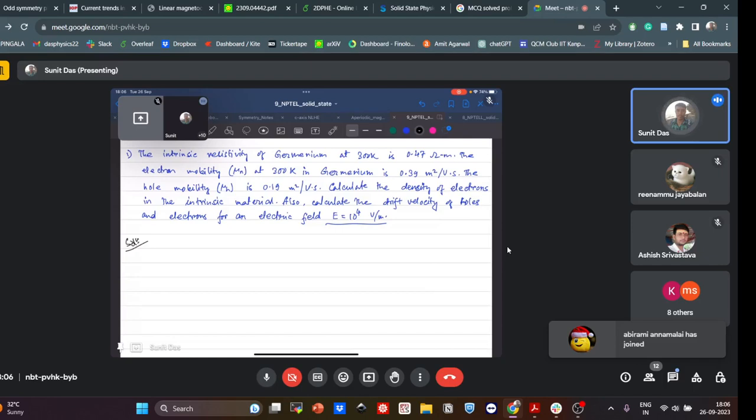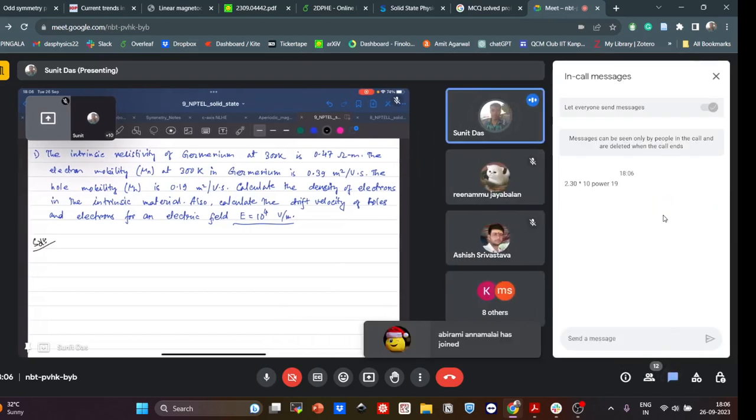The first answer is correct. This is in per meter cube unit, 2.30 into 10 to the power 19.